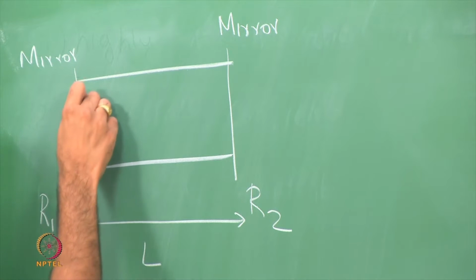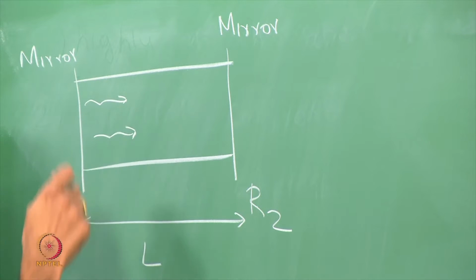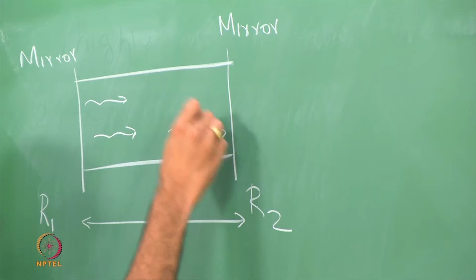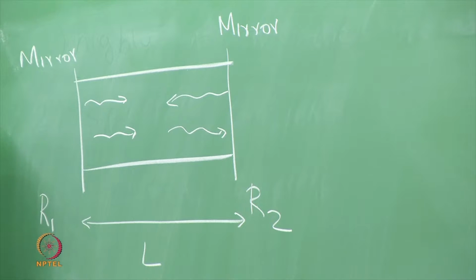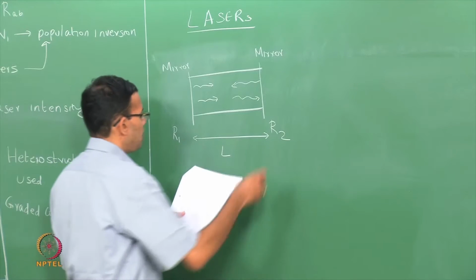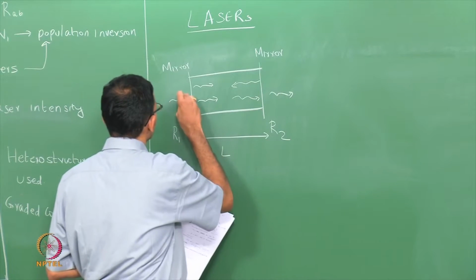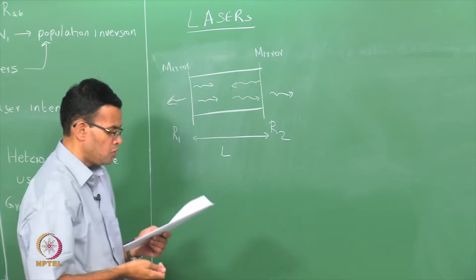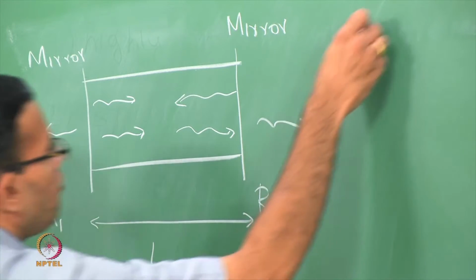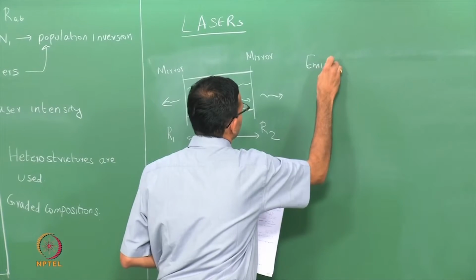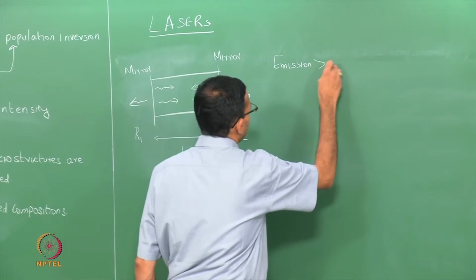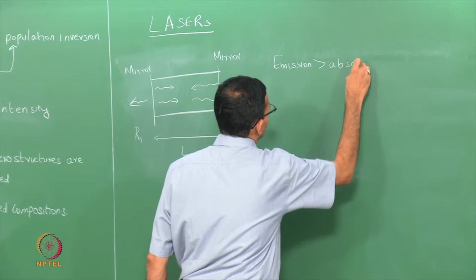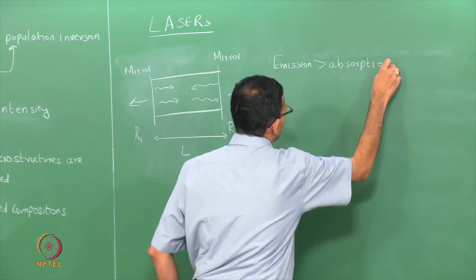So, you have light or laser light that is generated within the material. This light gets reflected from both the reflecting mirrors, and finally some of the light will also escape. So, in this particular material you have both emission, which is your stimulated emission, and we saw that for lasing action this emission must be more than the absorption.